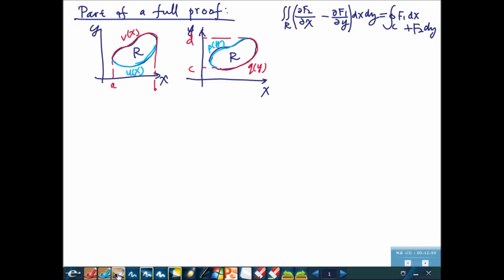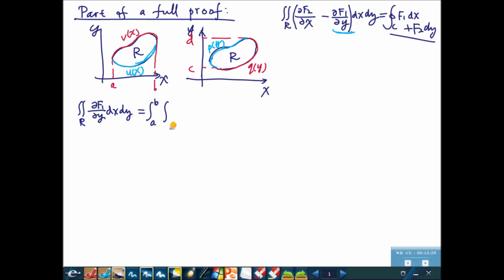All right, so let's prove this term first: the double integral over R of ∂f1/∂y dx dy. We're going to calculate each one by one to see if it's true. This is the x perspective, let's assume that.